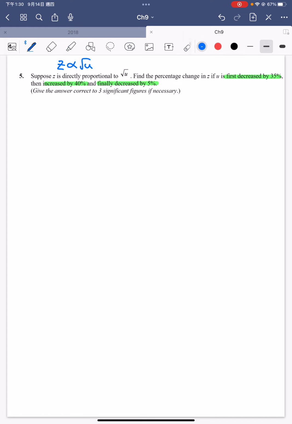First of all, we can think about this as our original u. For example, the length is like this. And after that, they're saying that is the first change. After the first change, it's going to be decreased by 35%.